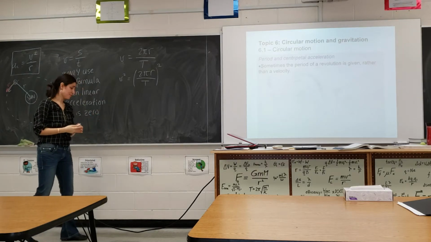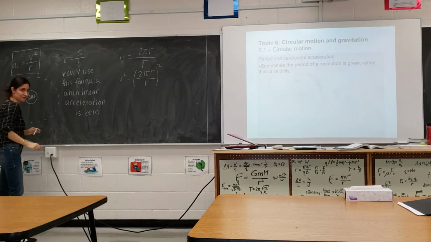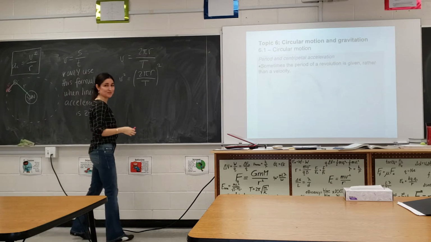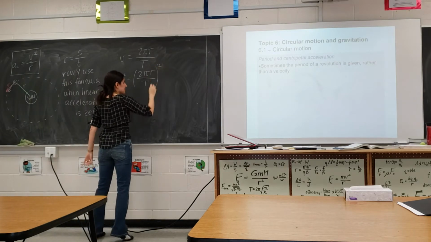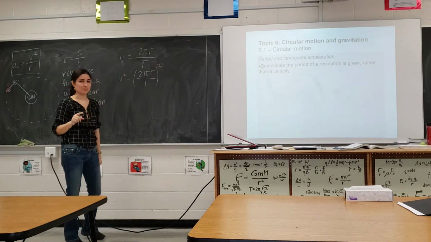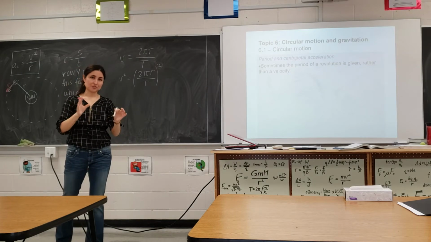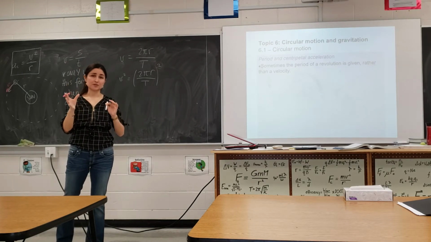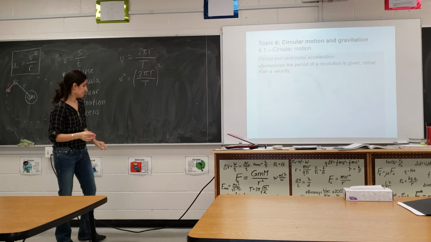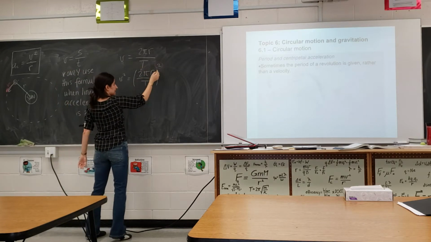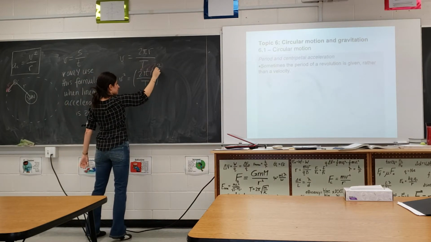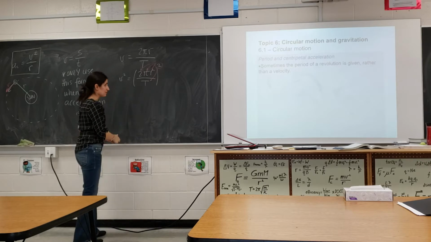Now, if you remember your math, and I hope you know how to do this at this point because this is elementary mathematics, this exponent gets applied to everything in the bracket as long as everything in the bracket is separated through multiplication or division. So it gets applied to the 2, the pi, the r, and the T, all of them.